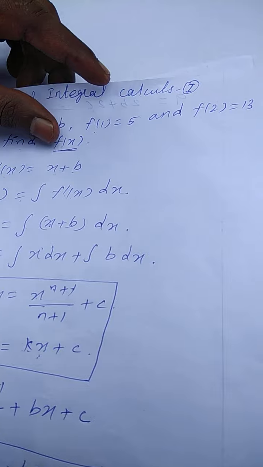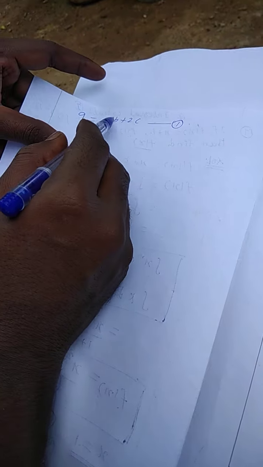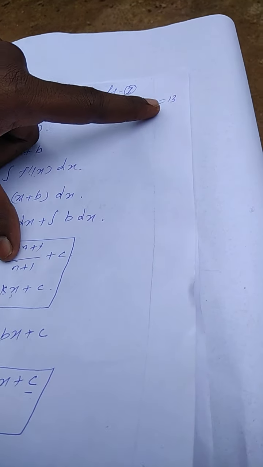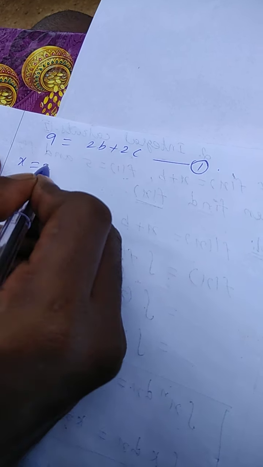Now I took f of 1 equal to 5 and got one equation. The same method applies for the second equation also. What is f of 2? 13. So now x equal to 2, apply in f of x.